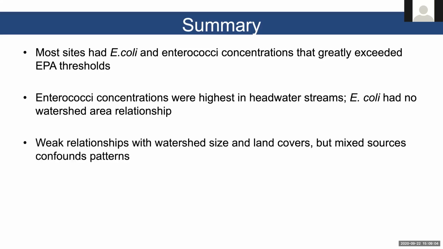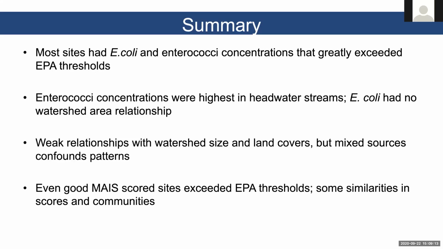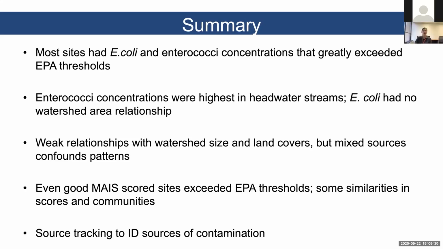There was a weak relationship with watershed size and land covers, but mixed sources could confound these patterns. And we also found that even good MAIS scores for the macroinvertebrate scores exceeded the EPA thresholds, and some similarities were identified in the scores and the full bacteria communities. And we're also working on some source tracking and some potential for identifying sources of contamination.